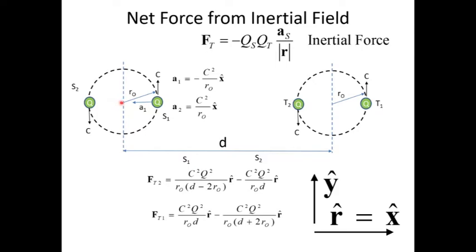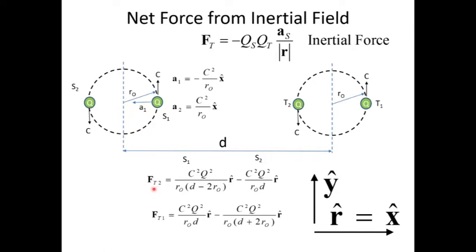These systems are separated by a distance d, and the accelerations of the source protons are given by these equations here. Basically, it's the centripetal force equations. In this particular setup, the x and r are in the same direction, so I'm going to use r and x interchangeably here.